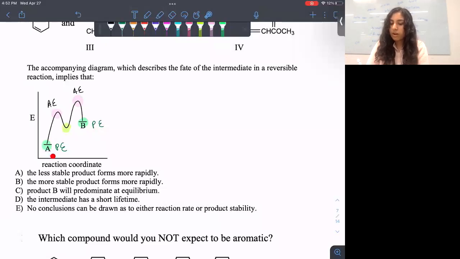The final product that has the lower potential energy is the more stable product. So product A has the lowest potential energy, so it's the most stable, and also the lowest activation energy, so it's the easiest to produce. It forms the most rapidly. So in the answer choices, that is represented by answer choice B. A is the more stable product and it forms more rapidly because it has lower activation energy.